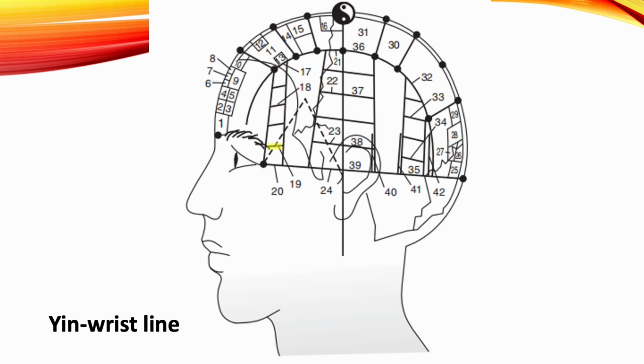In wrist line, number 19. The fifth line between the fourth portion and the fifth portion. In palm finger line, number 20. The sixth line. This is the portion on the canthus ear line.